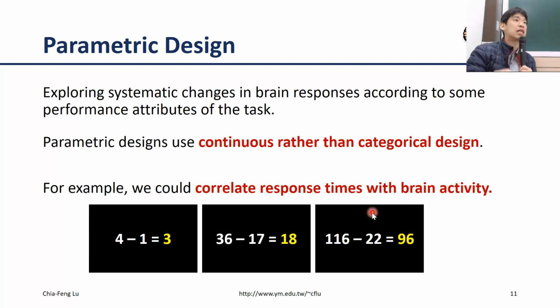Is there any linear relationship? When the mental load increases, is there increased brain activation or activity in your brain? So when we say parametric design, this is the continuous measurement, a continuous value behind it. So you can do the correlation, for example, the Pearson correlation, to unveil the relationship between brain activation and the behavior. Okay.